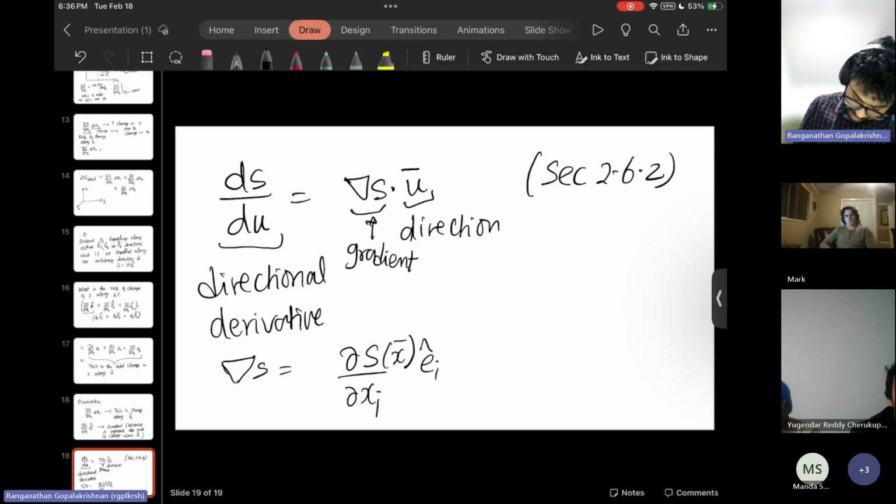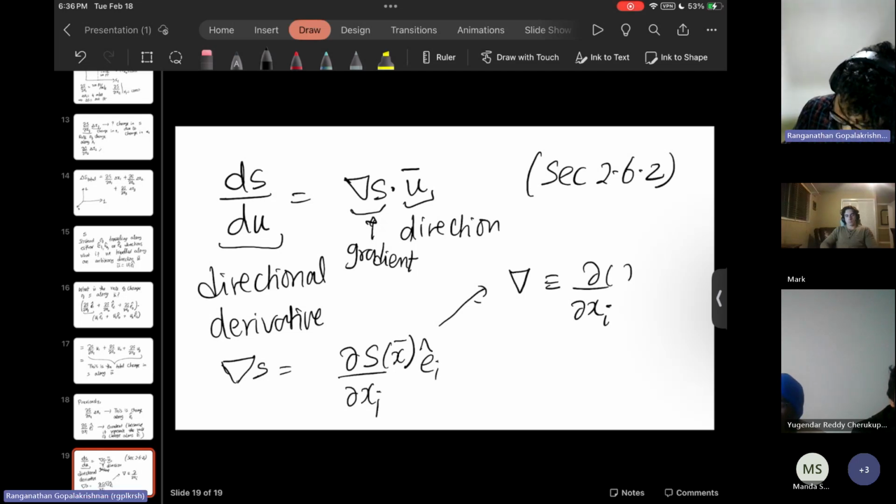So a way to write the gradient operator is partial over partial xi of something times ei.